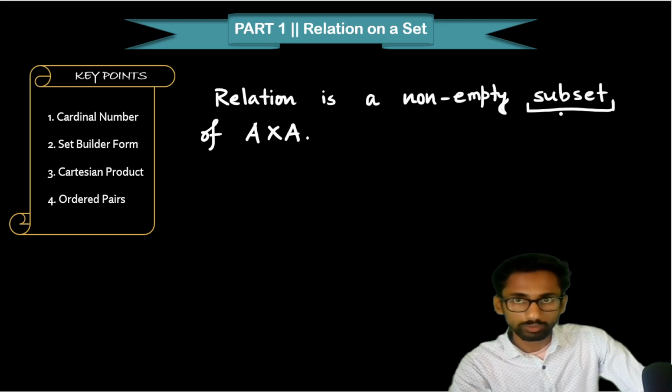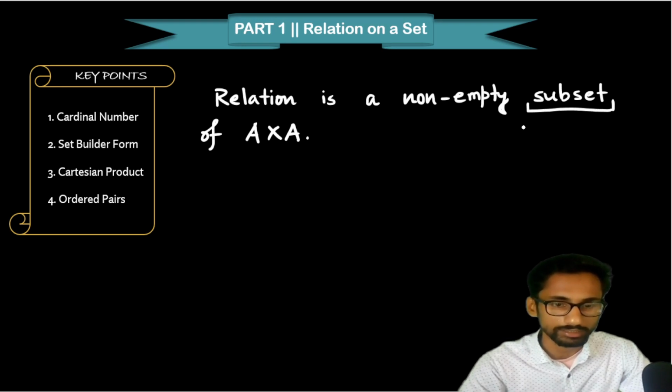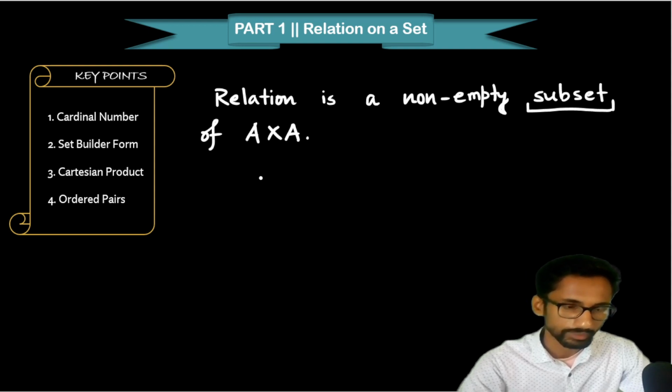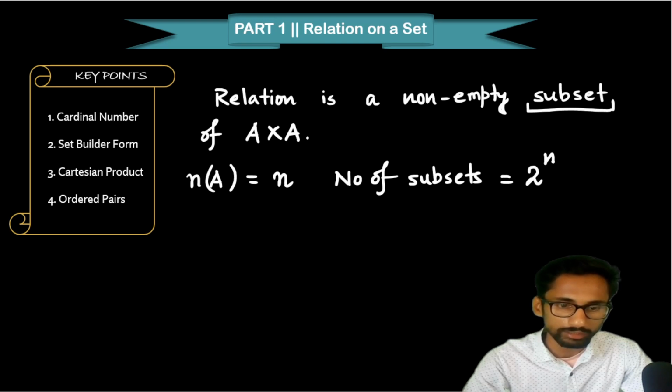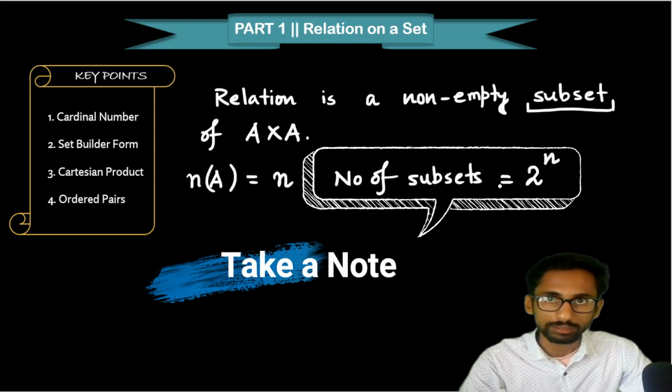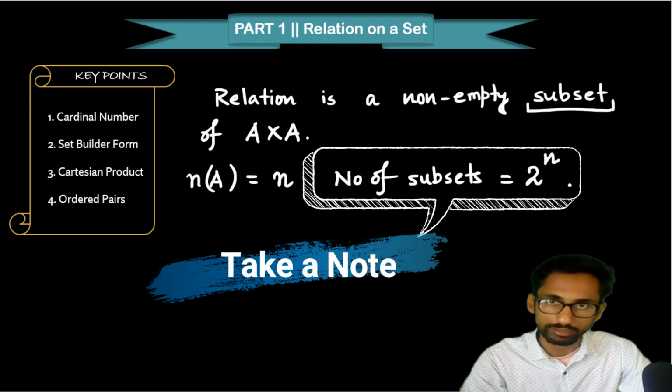We must know how many subsets are possible from a particular set. Suppose a set A, the cardinal number or the number of elements is n. Then the number of subsets is given by the formula 2 to the power n, which includes the phi or the null set itself.